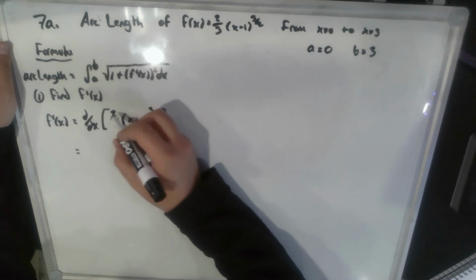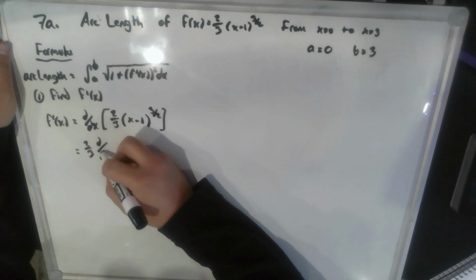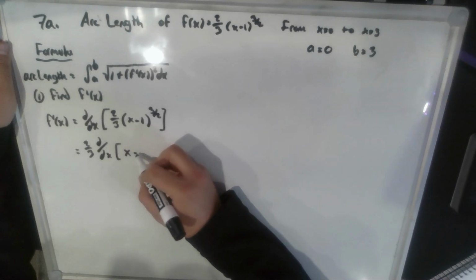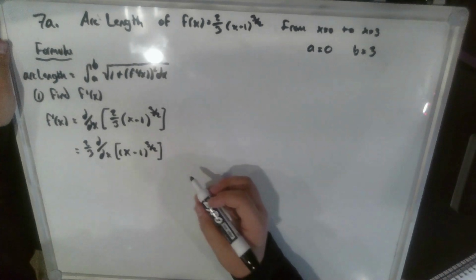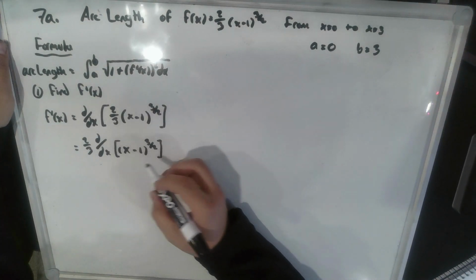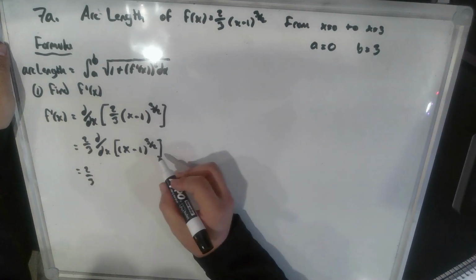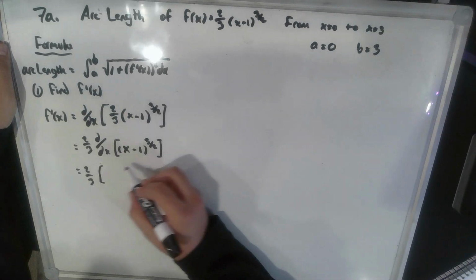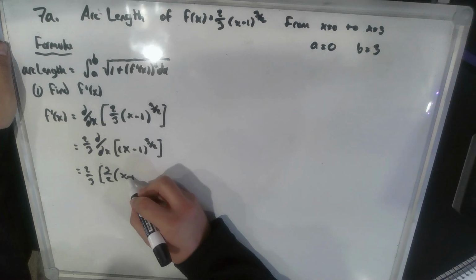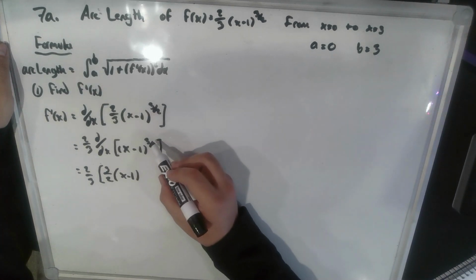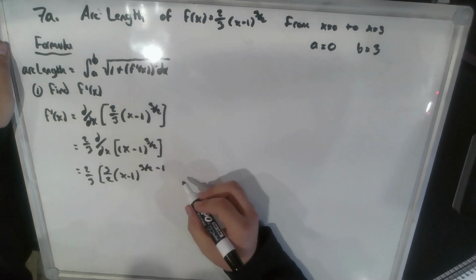This 2 over 3 can be pulled out first. And then when you take the derivative, the exponent comes down, the exponent rule. So it's now 3 over 2 quantity x minus 1, and then the exponent becomes 3 over 2 minus 1.